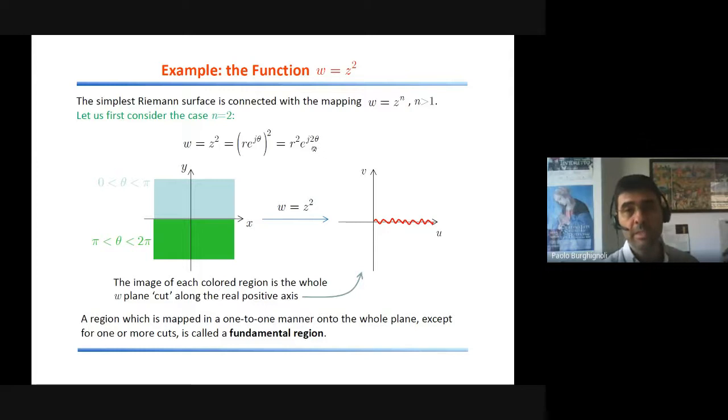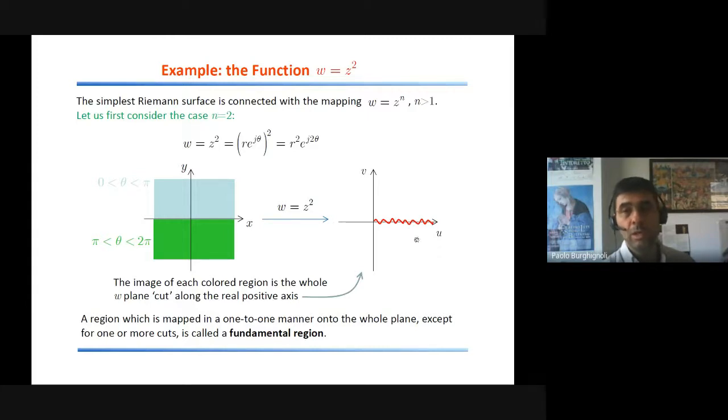So all the arguments are doubled. So consider, for example, the cyan region here of the z-plane, in which the argument theta goes from 0 to pi. So we are in the upper half plane of the complex z-plane. Since theta goes from 0 to pi, when you square the complex variable z, the angles will be doubled, and therefore we will go from 0 to 2 pi.